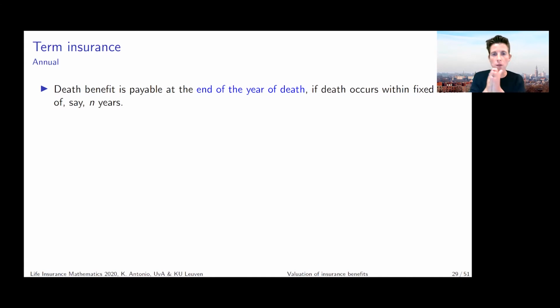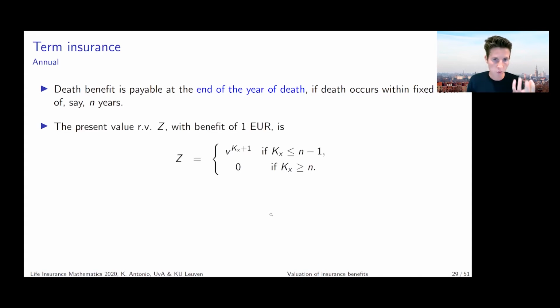My product is going to pay this benefit of €1 at the end of the year of death, right? So thinking about what we did last week, once again, we have the present value random variable Z for the benefit of €1, and we're going to express Z as v to the power Kx plus 1.